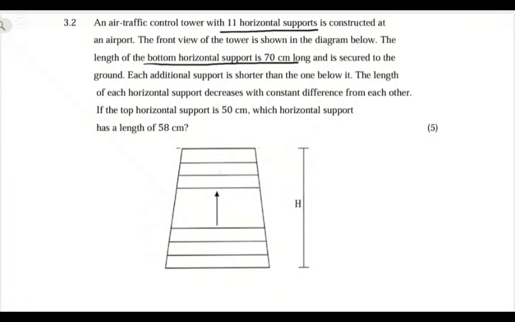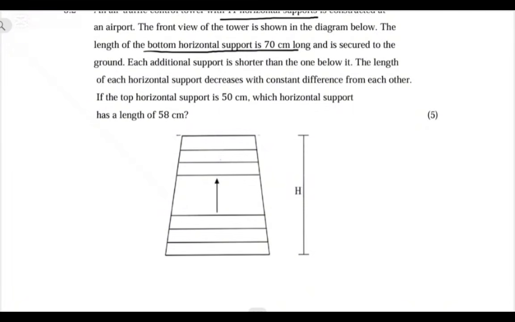In other words, the bottom horizontal support, which is this one, is 70 centimeters. Then they say each additional support is shorter than the one below. So as it keeps going up, it's going to be shorter and shorter, as you can see there.